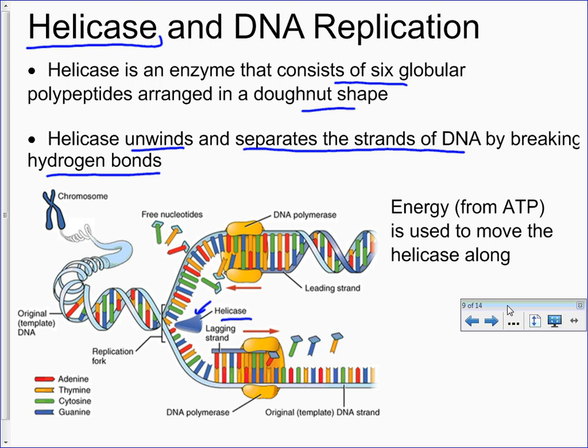So helicase will essentially move down the DNA molecule, separating the 2 strands, creating individual strands. And it will unwind the DNA as it separates those 2 strands as well. For helicase to perform its function, it does require energy in the form of ATP, and this is needed to move helicase along.